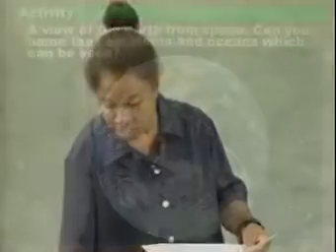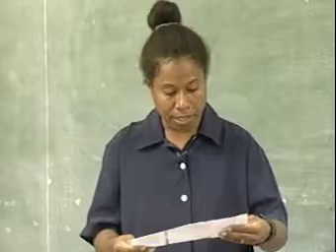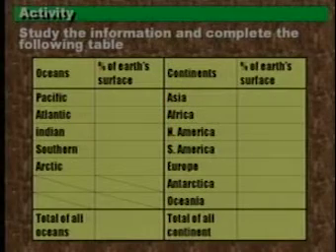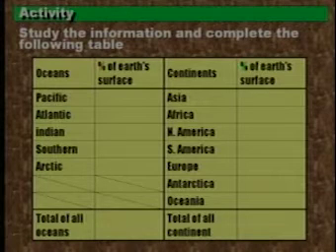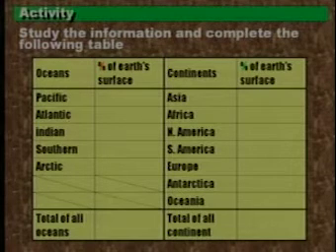Okay, the next activity will be now looking at the table, figure 1.7. That particular table gives us information on column 1 on the oceans: the Pacific, Atlantic, Indian, Southern Ocean, and the Arctic Ocean.